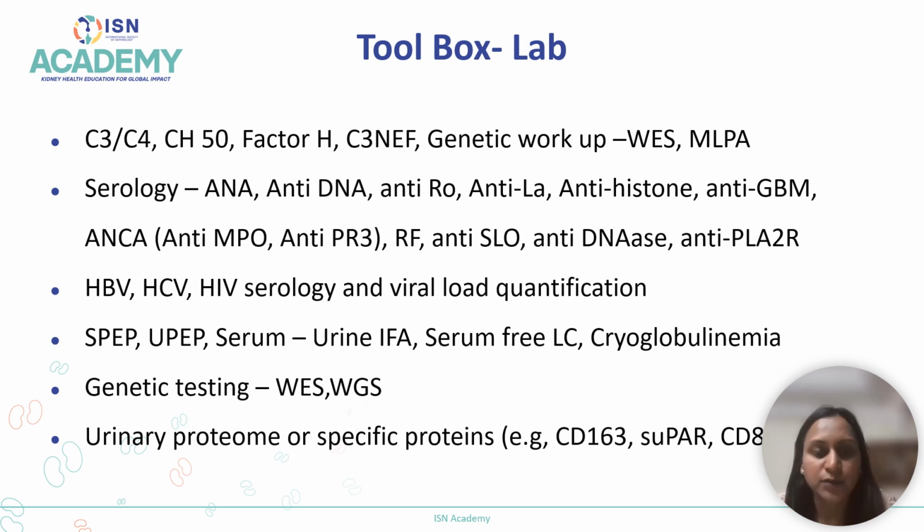If the differential diagnosis includes monoclonal gammopathy of renal significance or paraproteinemia related glomerular disease, then we're going to ask for serum protein electrophoresis, urine protein electrophoresis, serum immunofixation analysis, urine immunofixation analysis, and serum free light chain assay. If the patient has a strong family history, then we're going to ask for genetic testing. Sometimes urinary proteomics may aid in the diagnosis of glomerular diseases.